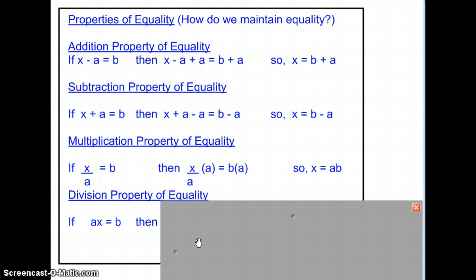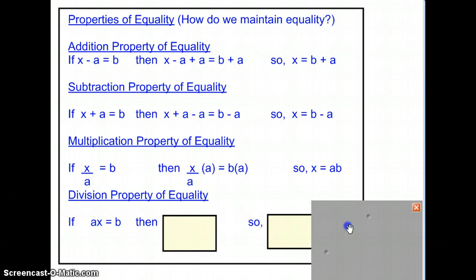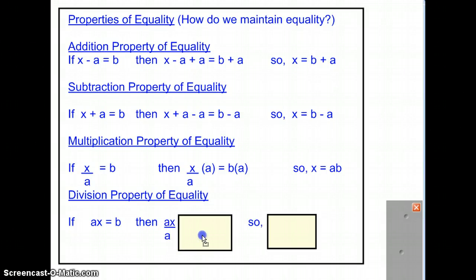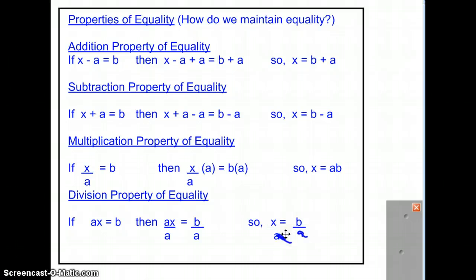We're trying to get x alone, so leave the x there and divide by the other factor, right? Good. Okay. So we end up with ax divided by a equals b divided by a, okay? And now we see these inverse operations. And let's say the final step together. Ready? X equals b over a. Good. X equals b over a.